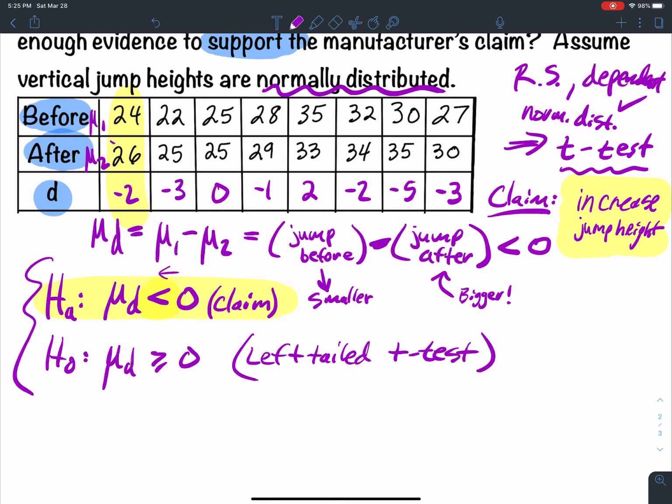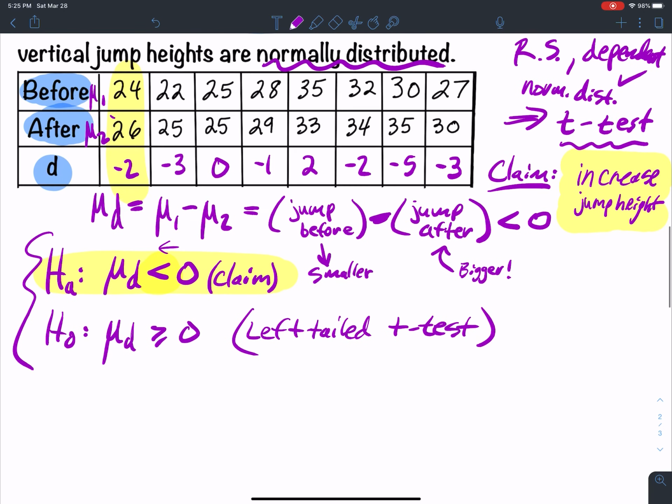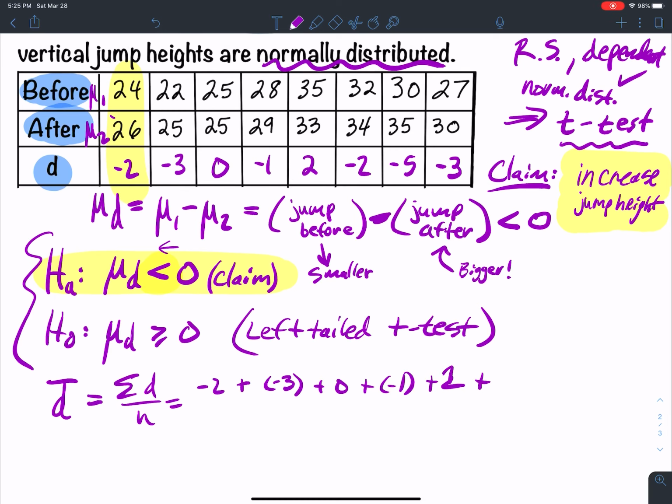Looks like a lot of negatives there, so maybe the claim is true, right? So we need to run the statistical test to see if it's true or not. I'm going to show you how to do this by hand. d bar is the sum of the d's over n. What are my d's? It's -2 plus -3 plus 0 plus -1 plus 2 plus -2 plus -5 plus -3.